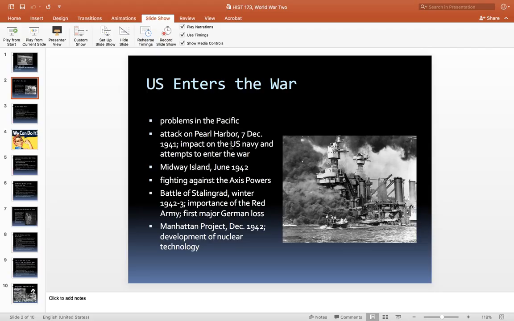And then it was a series of tests, many of them out near the Trinity site in New Mexico. The very first bomb was tested on July 16th, 1945, and that was when it became clear at that detonation that this was going to be cataclysmic, that the scale of this new technology was going to be overwhelming.